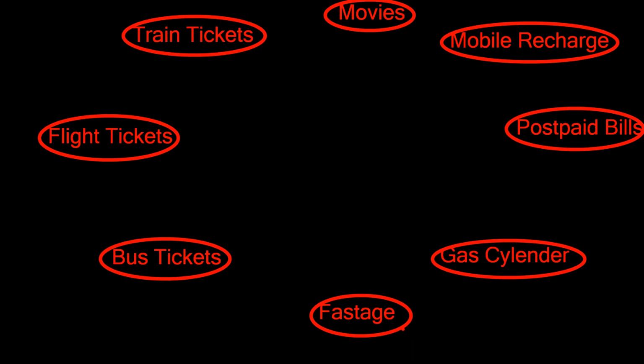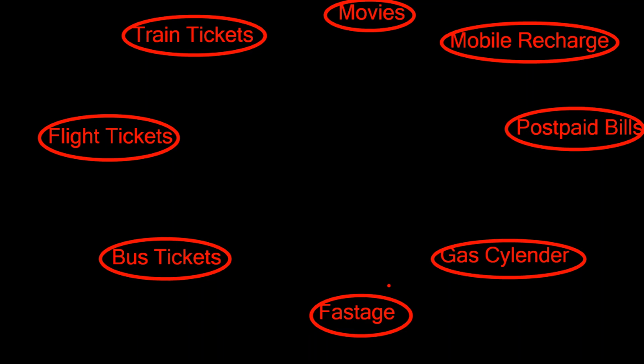The bus tickets app supports only booking bus tickets. The flight tickets app supports only booking flight tickets. The train tickets app is only for booking train tickets, and similarly for movies, mobile recharge, postpaid bills, gas and FASTag. They support only one service each.